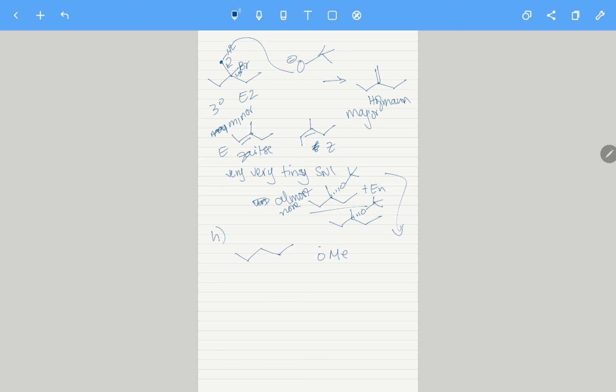But here, because I'm using methoxide, it's so small that our major product is actually the opposite. So our major product, it's the E Zaitsev. Then a little of the Z Zaitsev product, and then another minor product, which would be this.